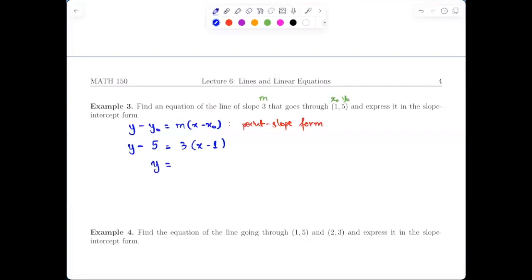You get y equal to 3 times x minus 1 plus 5. Then you can distribute 3 into the parentheses. You get y equal to 3x minus 3 plus 5, or y is equal to 3x plus 2. And this is the slope-intercept form.